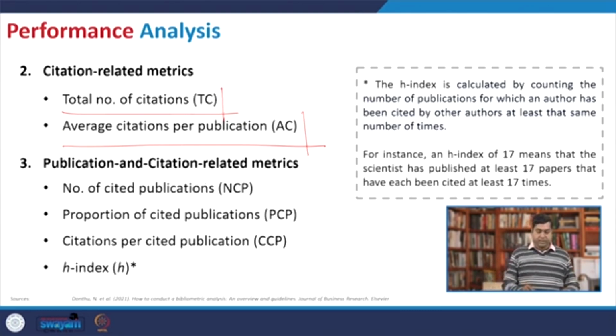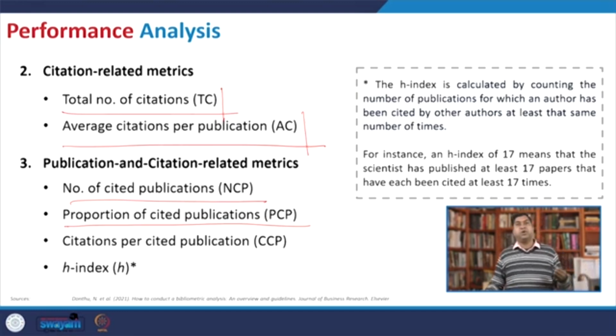Now, publication and citation related metrics: the number of cited publications and the proportion of cited publications. It is not that a paper is published in a journal and then immediately we start getting citations. So, for a journal, if all of a sudden there is a new acceptance or new published document, that may affect the per paper citation, because it is adding to the denominator of the impact factor calculation, but over time it will gain citations.